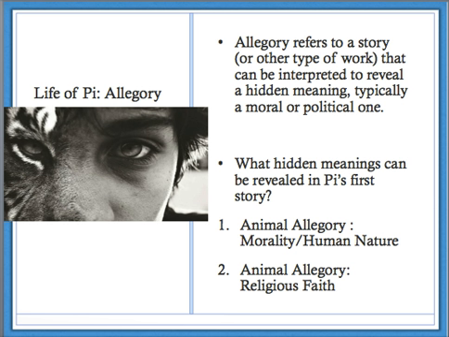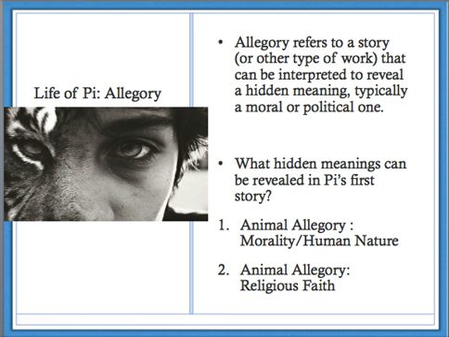So if Richard Parker just exists in Pi's mind, what does that say about Pi? It might be a representation of his fierce will to live, his life instinct that is going to fight and struggle against any obstacles put in his path. Richard Parker also represents that ferocity, that savagery that he has to tap into in order to survive.